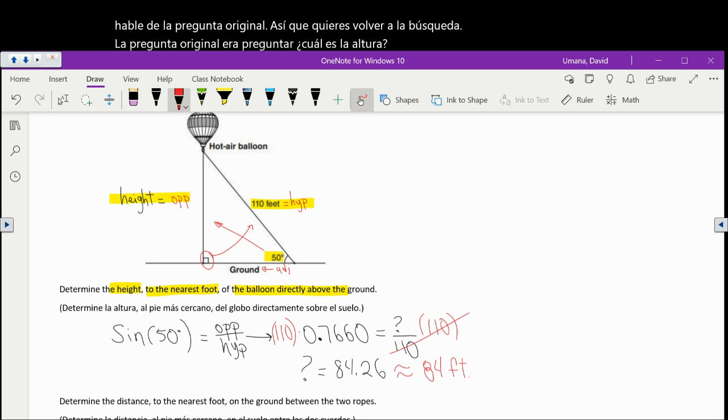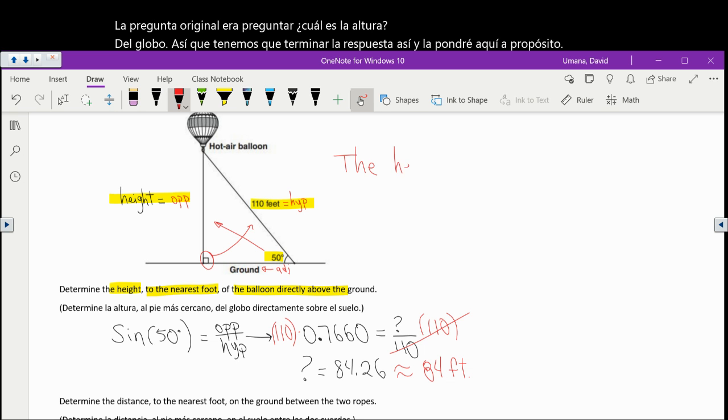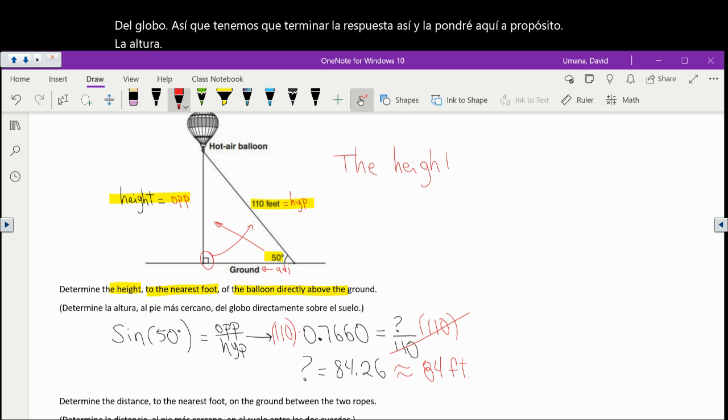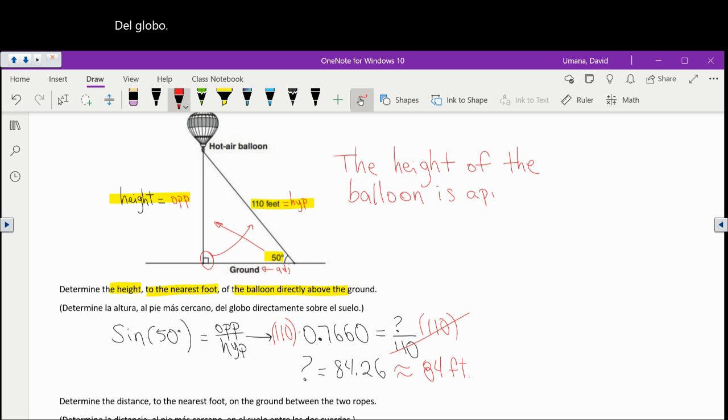So we have to finish the answer like this. And I'll put it over here on purpose. The height of the balloon is approximately 84 feet above ground.